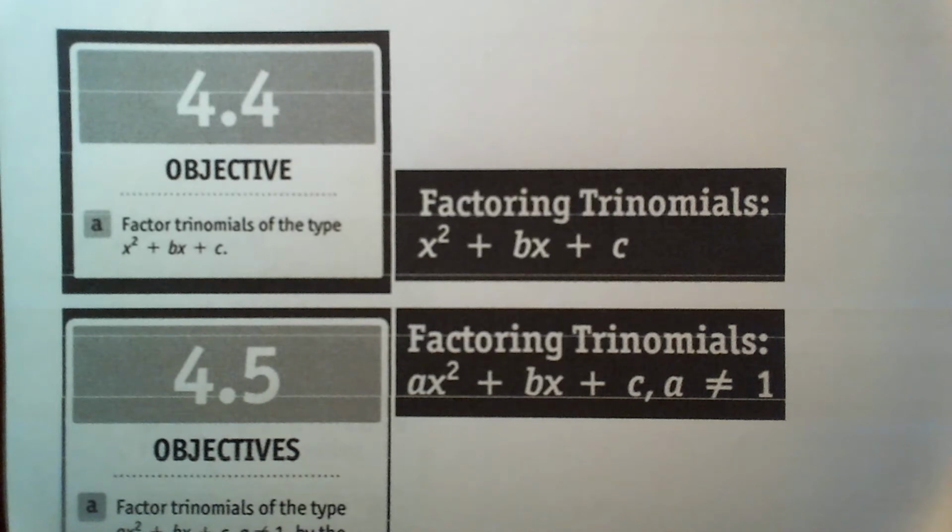And the last comment concerns the FOIL method. That is a way to multiply two binomials, and it saves you a little bit of time. The reason I didn't get into that is because it's another way of learning how to multiply polynomials.